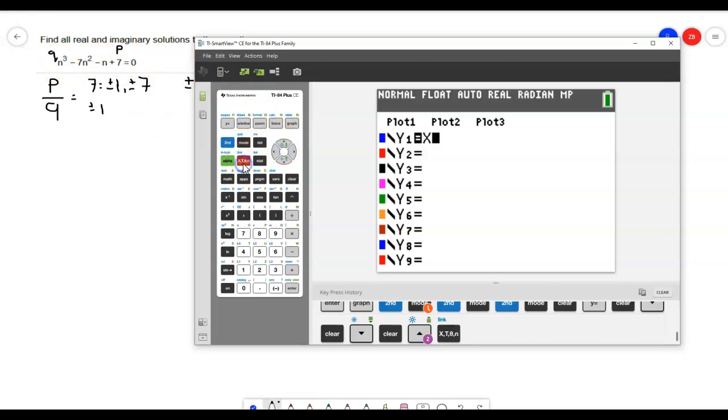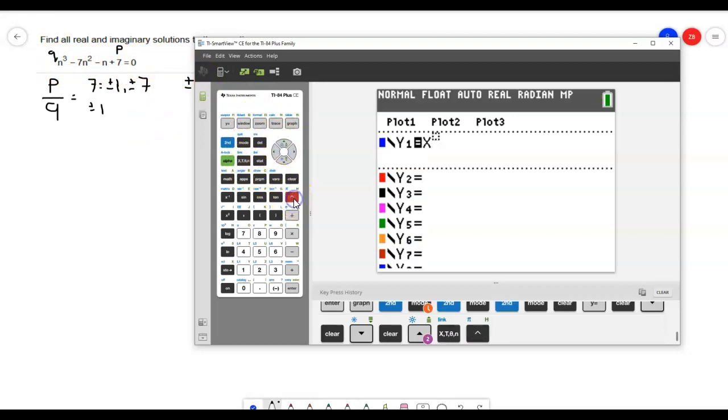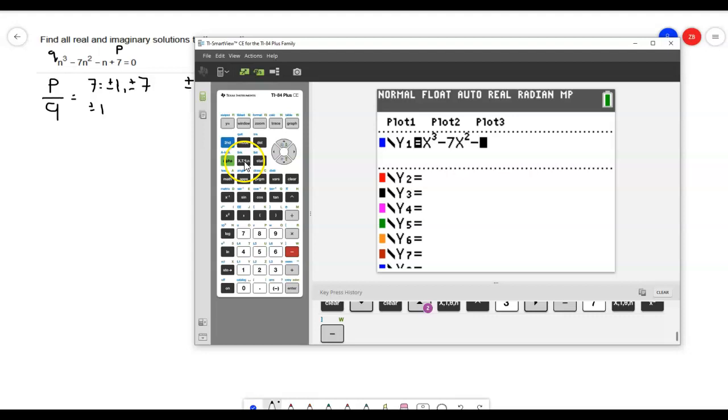I'm just going to use x, it doesn't matter which variable you use, so x cubed minus 7x squared minus x plus 7.